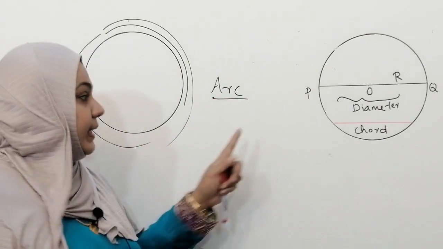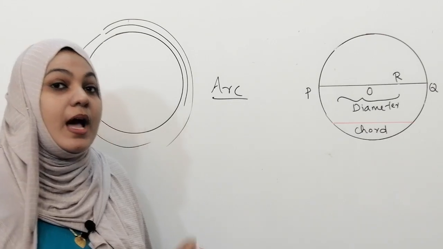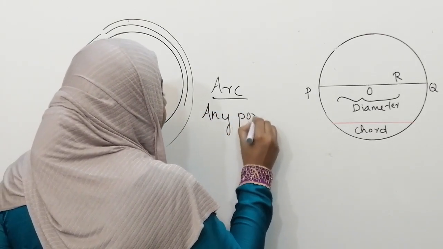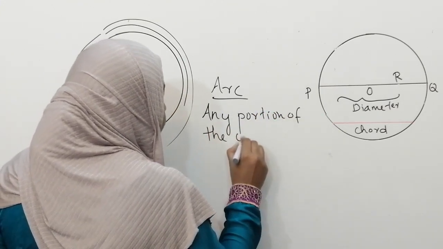Arc means any portion of the circumference of the circle is called arc of the circle.